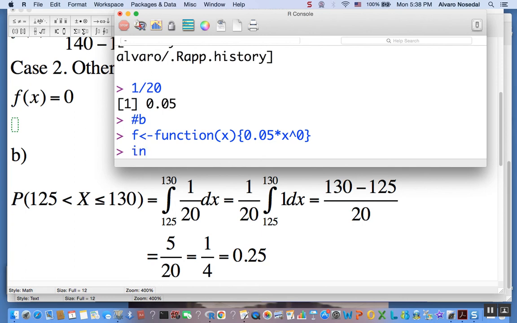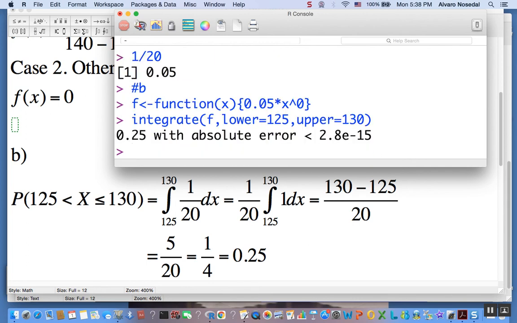Now what we want, and I think we have used this function before, is integrate f. The lower limit for that integral is 125, and the upper limit is 130. Let's see what we get. 0.25. There we are. Nice, huh?